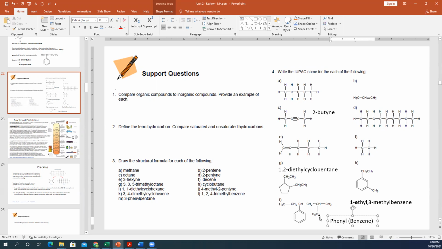So how do we name this? First of all, pick which chain we are numbering. Here we've got 1, 2, 3, 4, 5, 6. Do we pick this one, or do we follow the other branch? 1, 2, 3, 4, 5, there's 2 more carbons here, 6, 7. Do we want a 6 carbon chain as our parent, or a 7 carbon chain? 7.